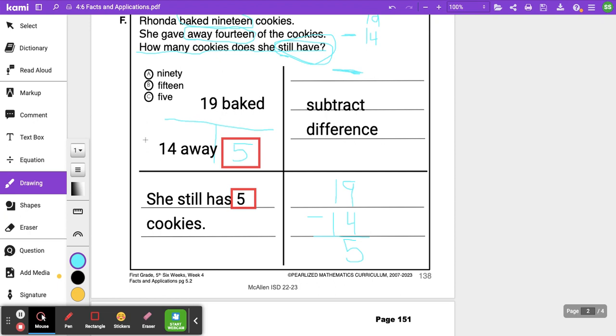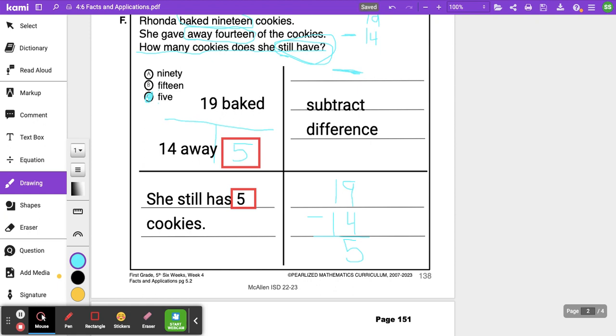I need to remember to bubble in my answer. So 5, is that A, B, or C? Make sure you're reading it carefully because here B and C both start with 1. This says 90, 15, and 5. So we want to bubble in letter C.